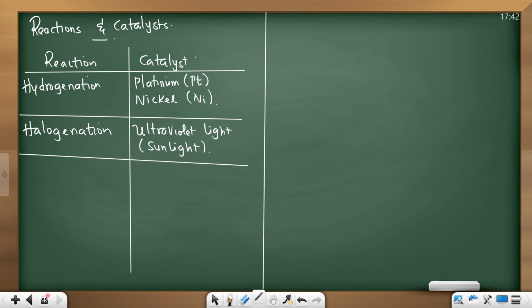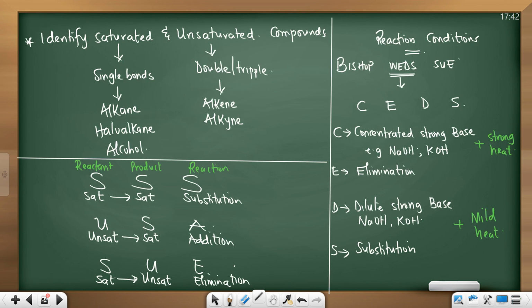Because if you say heat, then I could say it's strong heat or mild heat. So we want you to be specific. There's an amount of heat that we need for that reaction. That's why even in the ones I did, I didn't just say heat. I was specific, strong heat and mild. It makes a lot of difference. Okay, thank you, sir. You are most welcome.